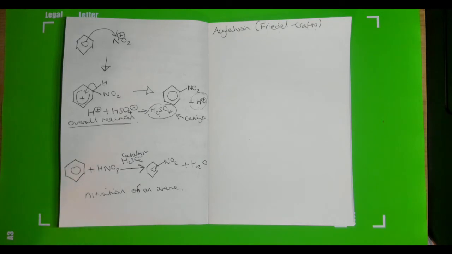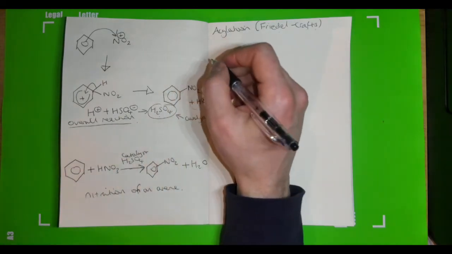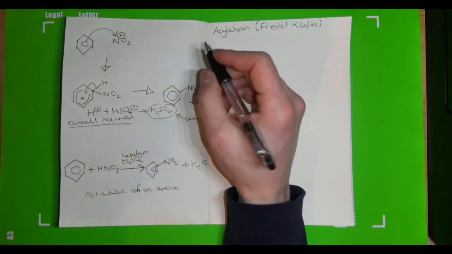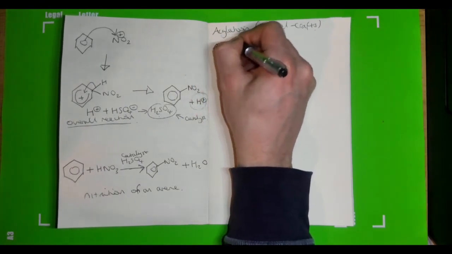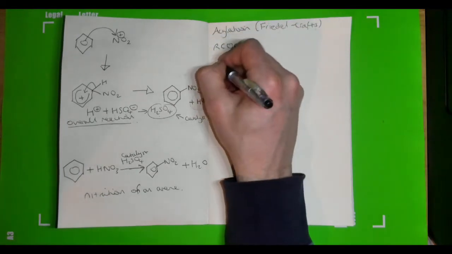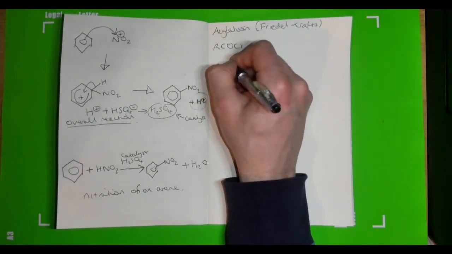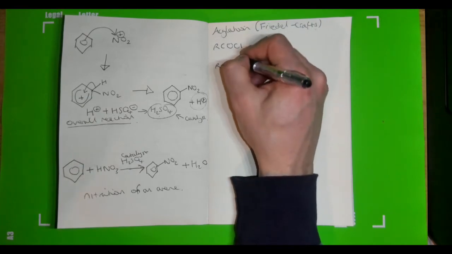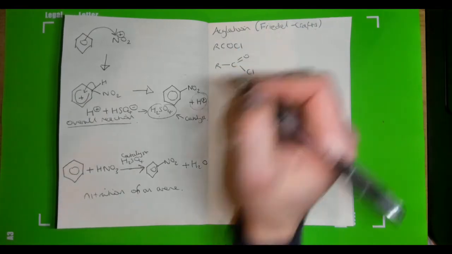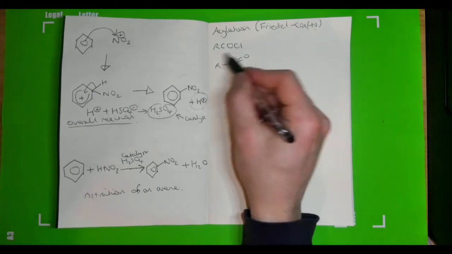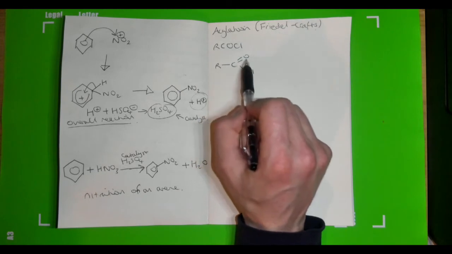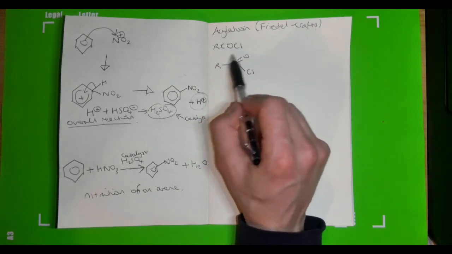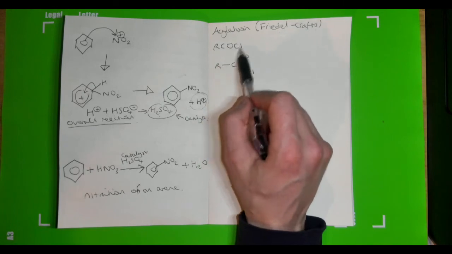Okay, so let's look at acylation, which is Friedel-Crafts now. So what we're going to do now is we're going to take a compound, and I'm going to write this compound down like this: RCOCl, which can be written like this instead if you want. R, single bond C, double bond O, and then Cl. So you'll probably recognise it like this more. But when you're writing mechanisms down, sometimes it's easier just to write it like this to simplify it. Okay? And we take this and we react that with aluminium chloride.